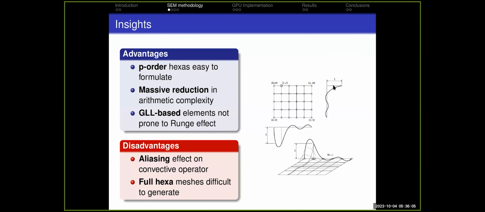Getting a little bit into what the spectral element method is, essentially we're taking Lagrange type elements where their shape functions can be decomposed in a triple product in the case of hexahedra, and we are trying to use this to our advantage.